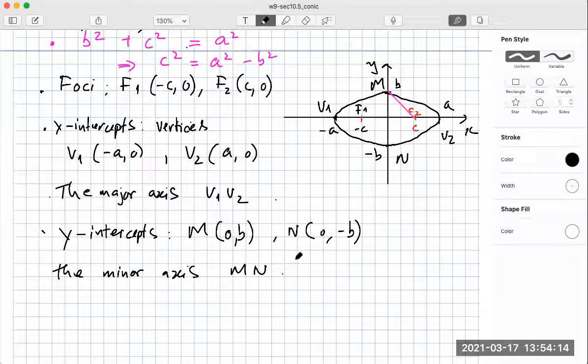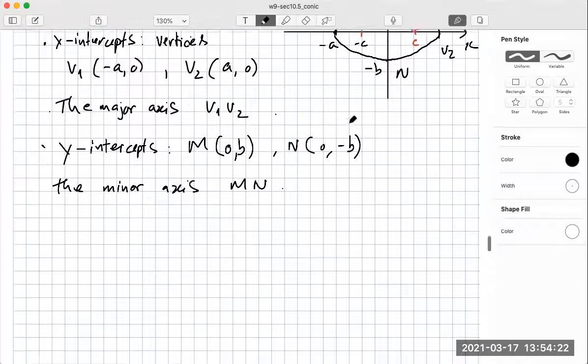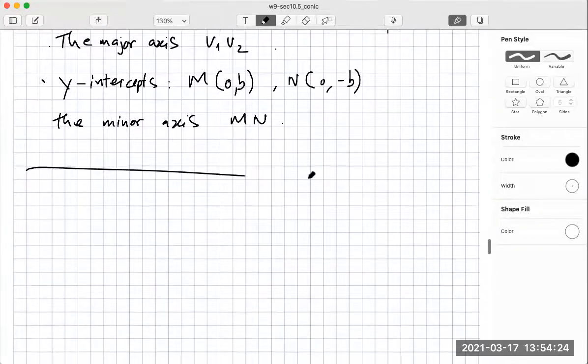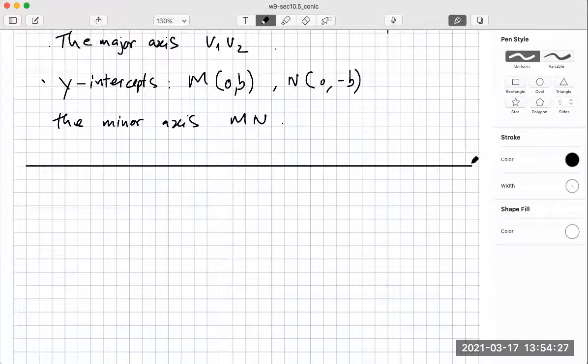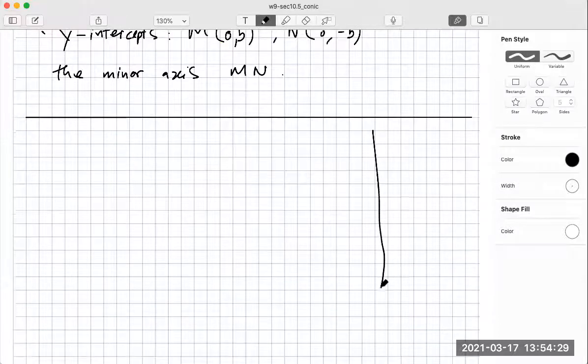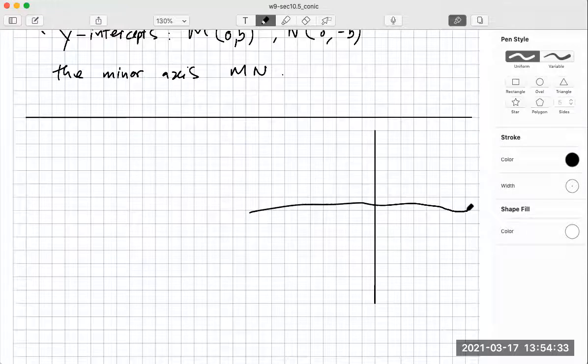Do you have any question about this? That's it, right? So here, in another case, if we are given the ellipse like this, the foci now are on the y coordinate here.